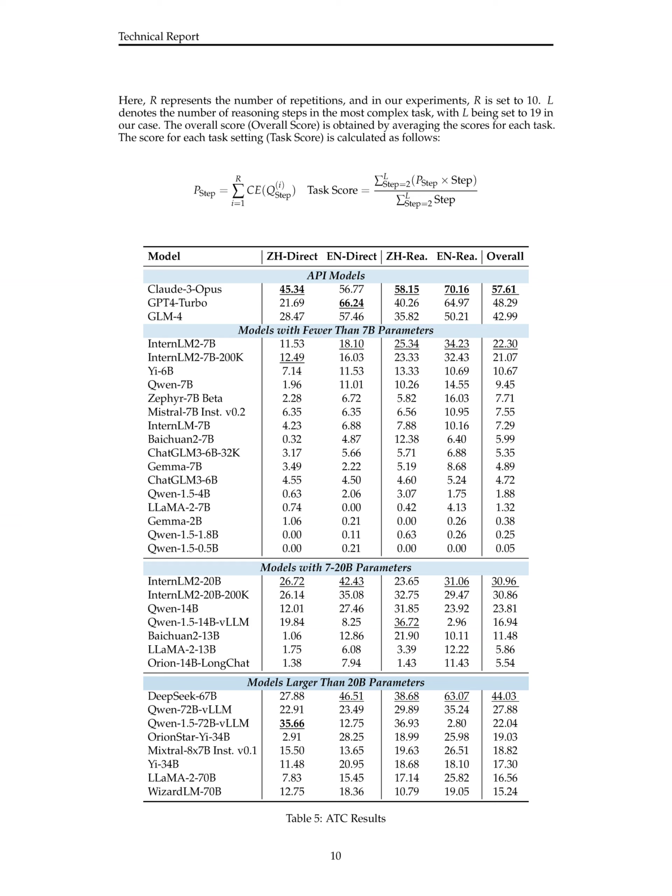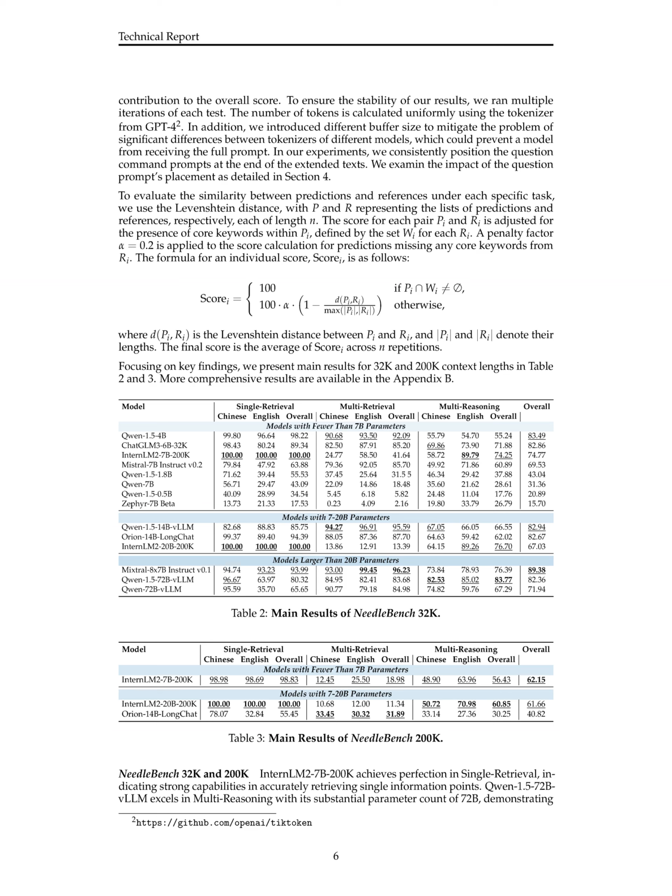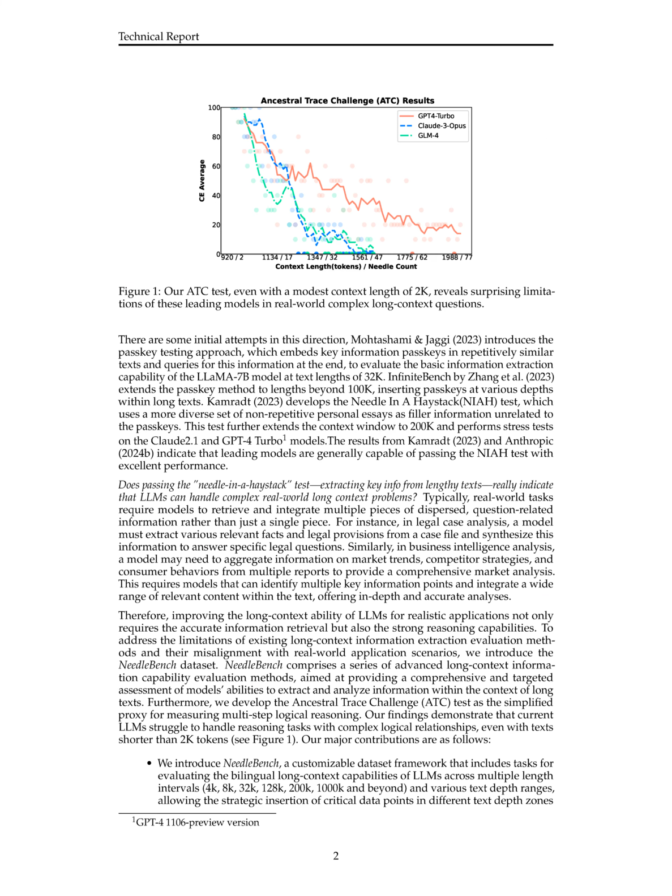Additionally, the results showed that models with larger parameter counts, such as Qwen1.5-72B-vLLM, performed better in multi-reasoning tasks, emphasizing the correlation between model size and reasoning capabilities. Overall, these tests underscored the necessity for further enhancements in LLM's long context processing and reasoning abilities to meet real-world application demands.